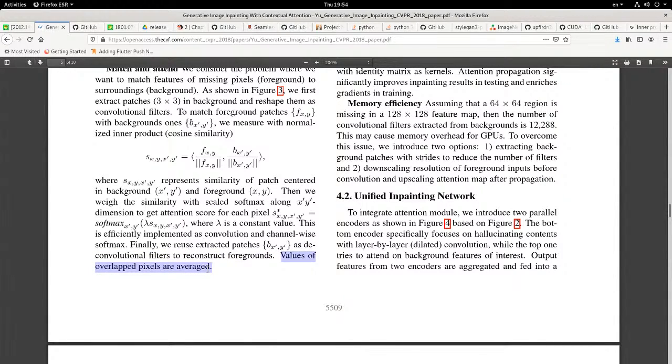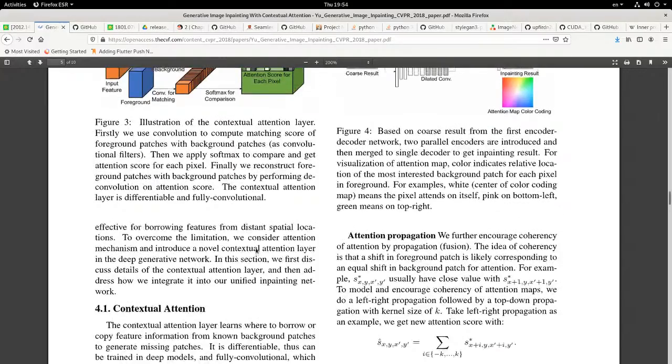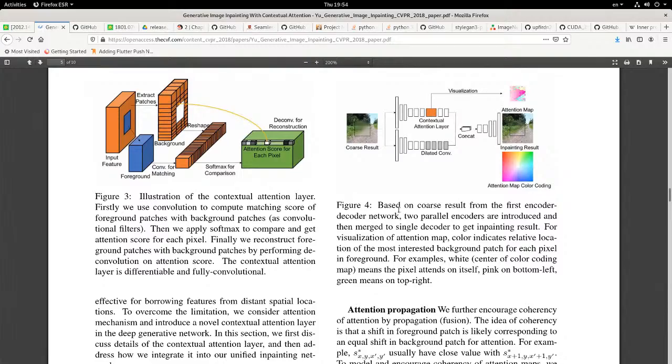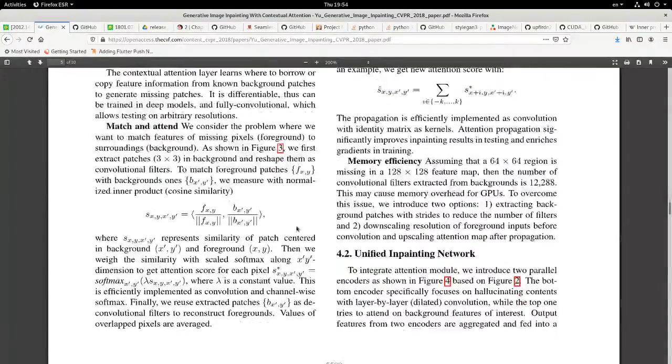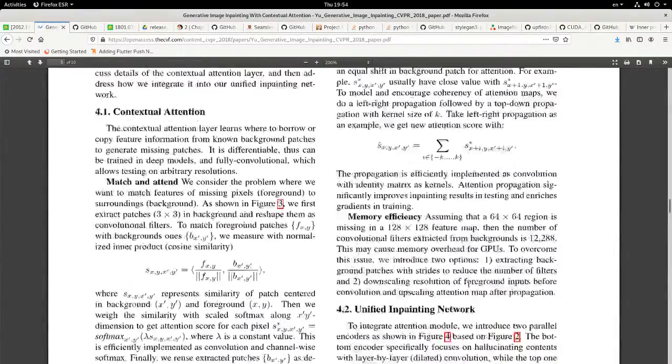Values of overlapped pixels are averaged.